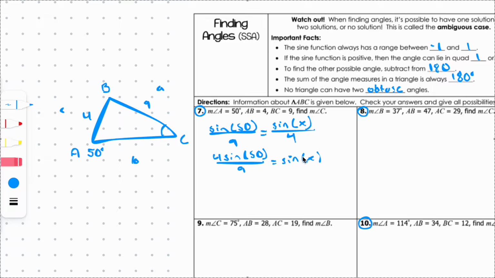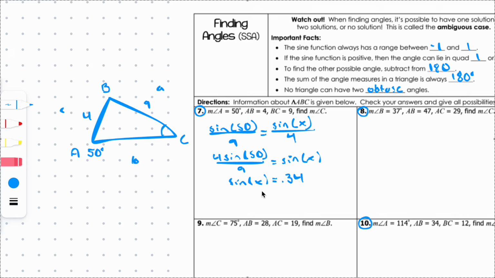Now, 4 sine of 50, let's evaluate that. So 4 times sine of 50 degrees gives us 3.06 roughly. And then we divide by 9, and we get 0.34. I'm just going to switch the sides of this equation. Sine of x equals 0.34.